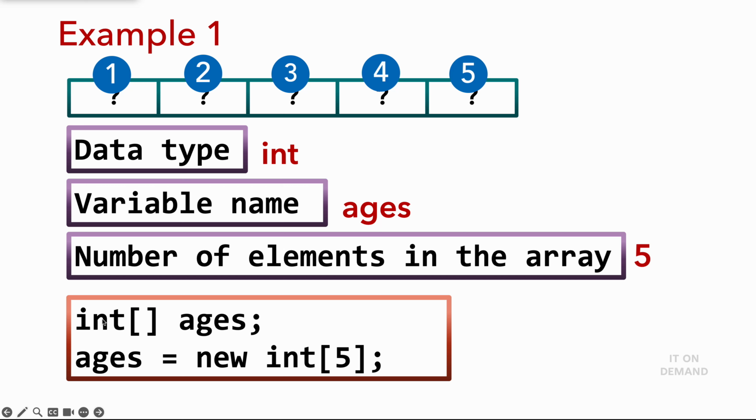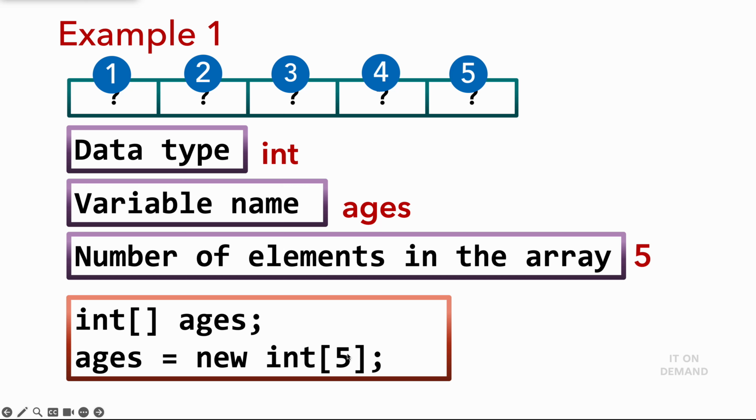Now, if we put all this together, we now have this. And data type is int, and so we say int is the data type. We have the square brackets, and we leave space in between. And what's the variable name? Ages. That's what we have here. And the semicolon. The variable name, space, equal to space, new, space, int, which again is the data type.